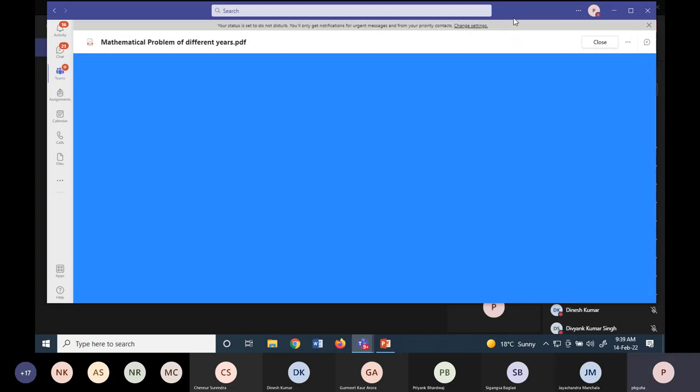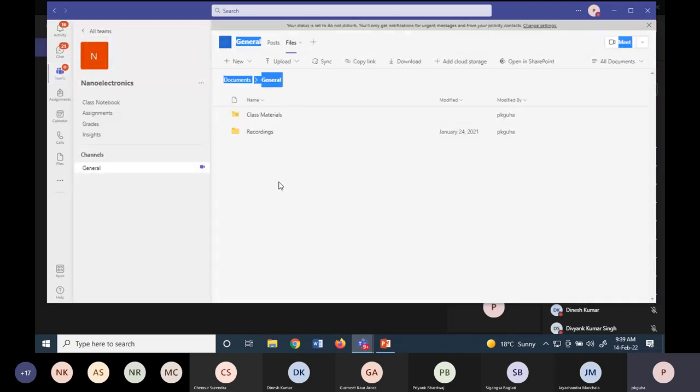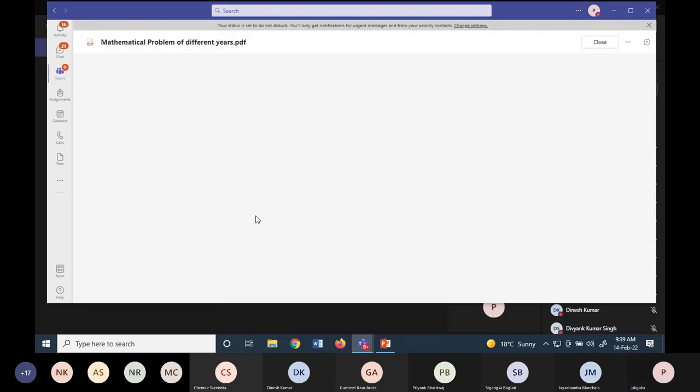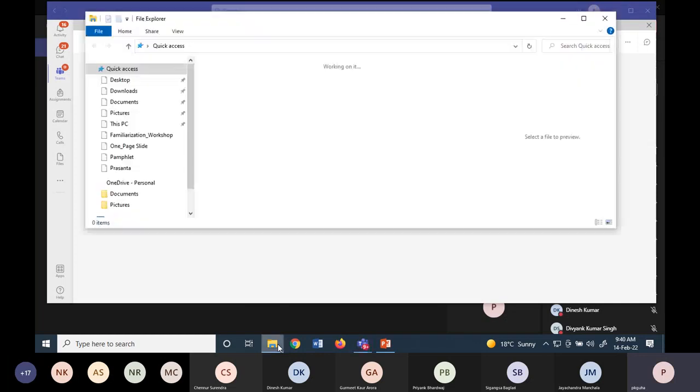Why did it become blue? Why can't I open it? I don't know why I can't open it.